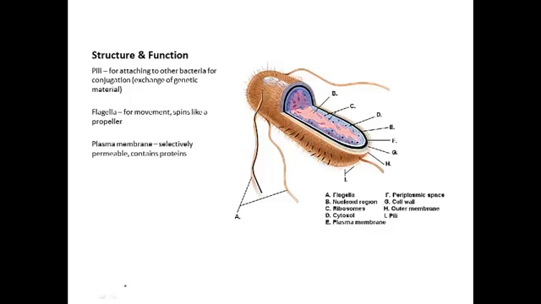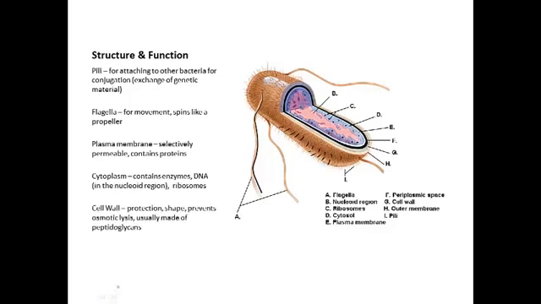They have a plasma membrane which is selectively permeable. They have a cytoplasm, and they have a cell wall. The cell wall is chemically different from the cell wall of a plant or the cell wall of a fungus. Their cell wall is for protection. It helps the bacteria maintain its shape, and it prevents osmotic lysis. Osmotic lysis is the bursting of a cell due to osmotic pressure.